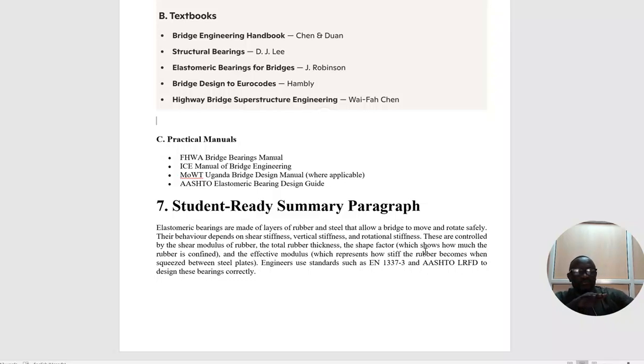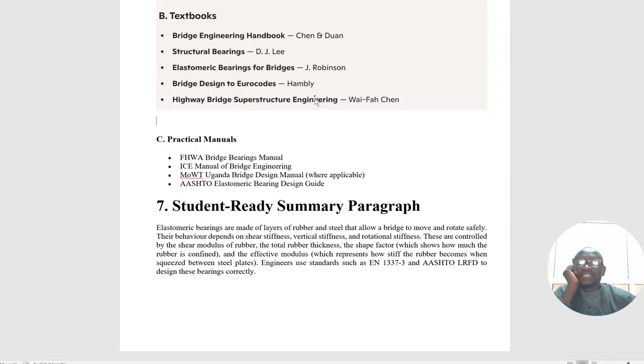Shear is more lateral, compression deals with the vertical, and then the rotation. Depending on the orientation of the bridge and the response, these are the stiffnesses that need to be known. They are controlled by the shear modulus, the total rubber thickness, the shape factor, which shows how much the rubber is confined, and the effective modulus, which has already been defined.